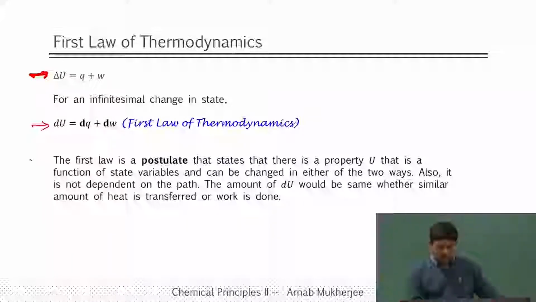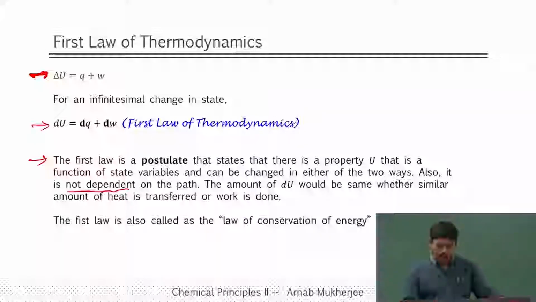Now we already mentioned that the first law is a postulate that states that the property U is a function of state variables that can be changed in two ways, and also it is independent of path, right? It is not dependent on path. What it means will become clear today, but remember that as a postulate we are taking that to be a state function.